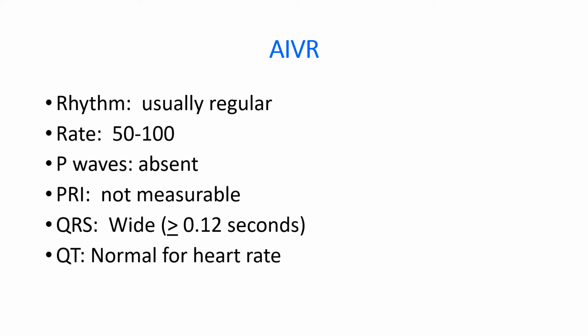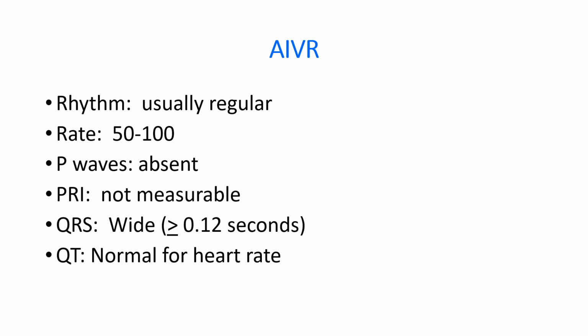The rate is 50 to 100, there are no P waves, so you can't measure a PRI. The QRS is very wide, usually greater than 0.12, and the QT usually is normal for the heart rate. And again, remember your QRSs are in the opposite direction of your T waves when you have ventricular rhythms.